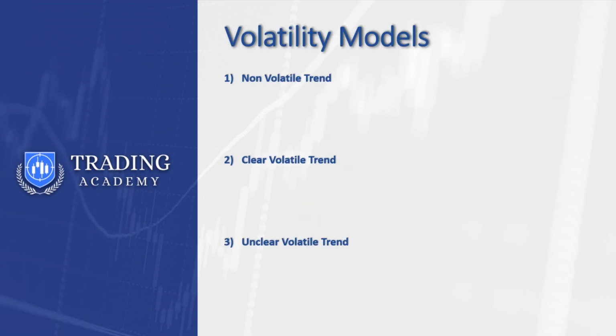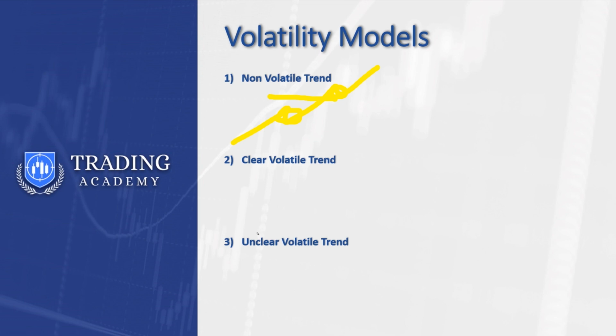In this video, we'll speak about three basic models of volatility. The first one is non-volatile trend, and we can spot it when the market is going in one direction, but the pullbacks, like here and here, are so small that they are not able to touch the high of the previous swing.